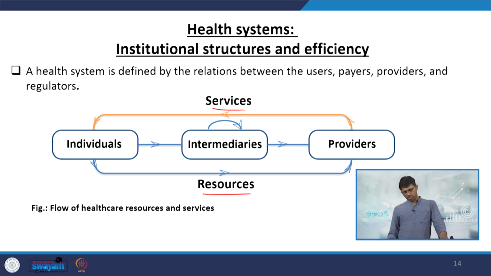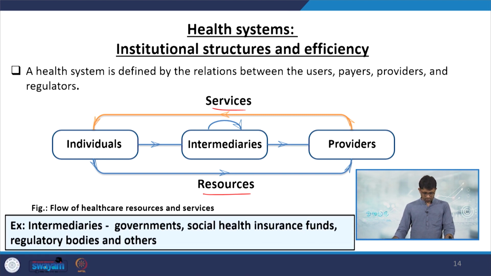So, it is not just this simple. In fact, there are intermediaries, the regulators, and the implementers, which are different, and those intermediaries actually play an important role in the present system in dealing with both entities.